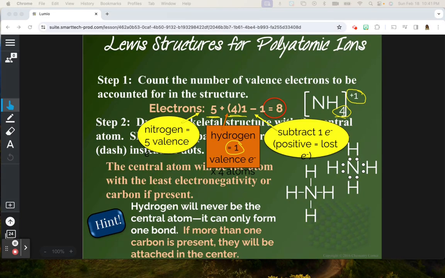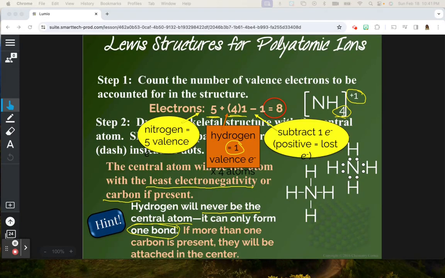Now, when you write this Lewis structure for a polyatomic or any covalent compound, the center atom will be the one that has the least electronegativity, or it may be carbon if carbon is present in the formula. Hint, hydrogen will never be the central atom because it only forms 1 bond.